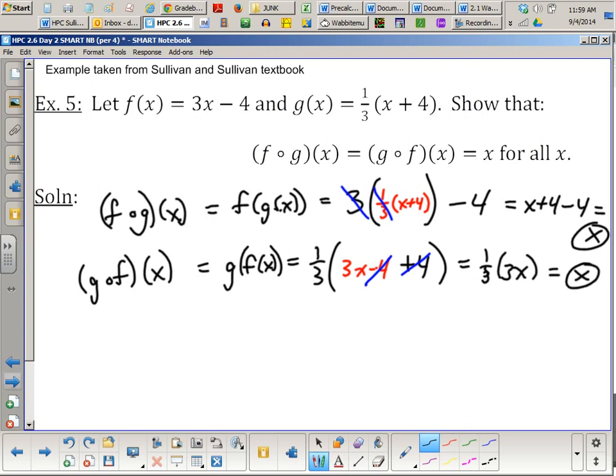We showed that f of g and g of f are both x. Does anyone remember what this means from the Algebra 2 days? What does it mean when a function's composed with another function yields x?